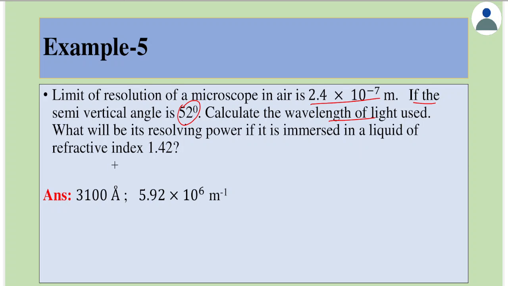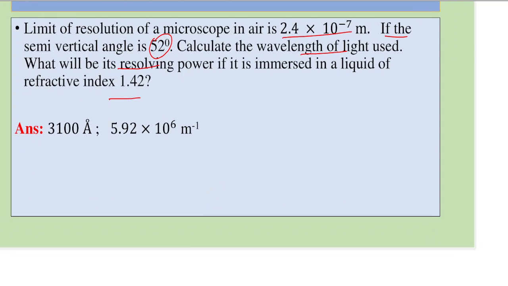Second part says, what will be its resolving power if it is immersed in a liquid of refractive index 1.42? So there are two parts here. The first part is to find the wavelength given the limit of resolution.